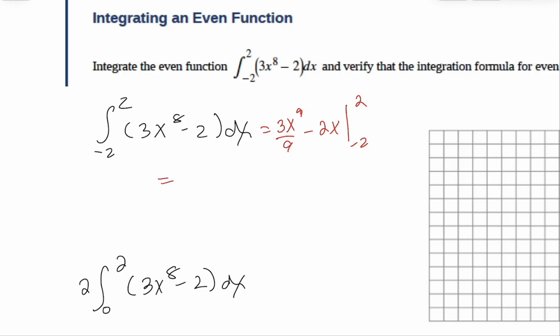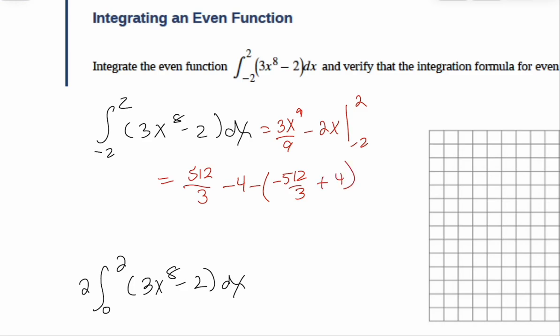If we plug in 2, I don't know what 2 to the 9th is off the top of my head, we get 512 over 3 minus 4, minus, if we plug in -2, we get -512 over 3 plus 4.